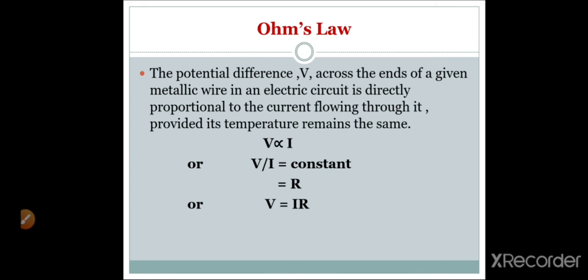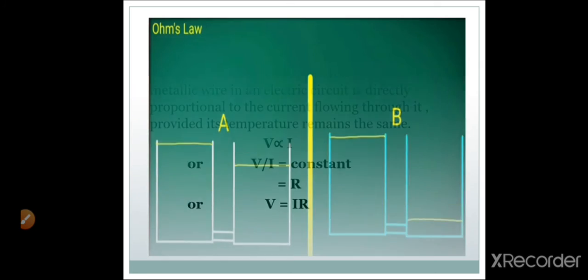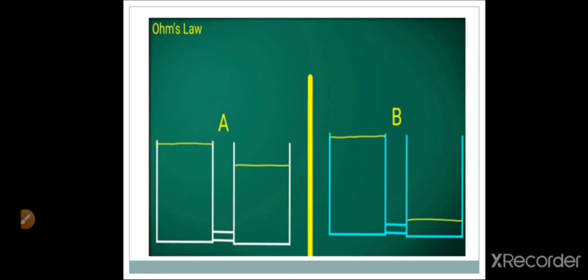So to understand this Ohm's law, again we have two setups, that is setup A and setup B, and both have a difference in levels of liquid filled in the two containers here.